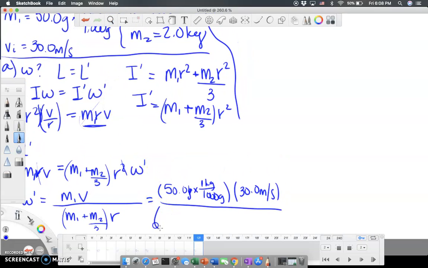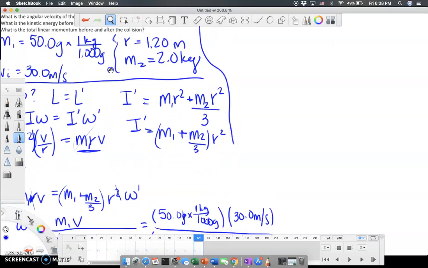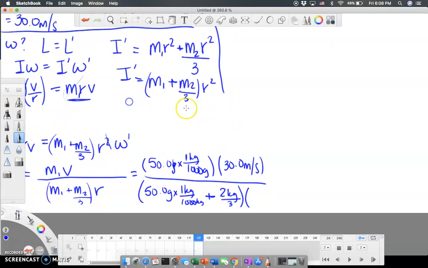So our first mass is that 50 grams plus 2 kilograms divided by 3, multiplied by our radius, which is 1.2 meters.